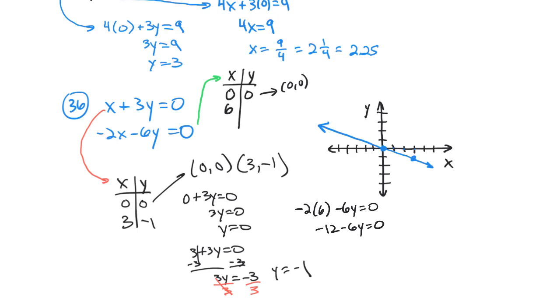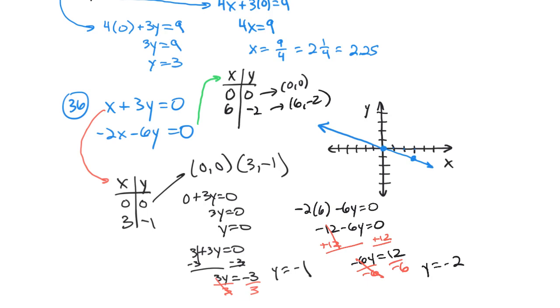To solve this, we add 12 to both sides, and then we get negative 6y equals 12. Then we divide by negative 6. That cancels, and we get y equals negative 2. So this is the point 6, negative 2.